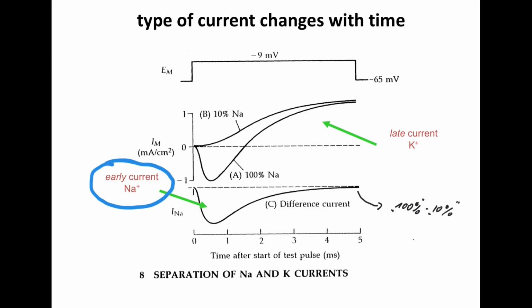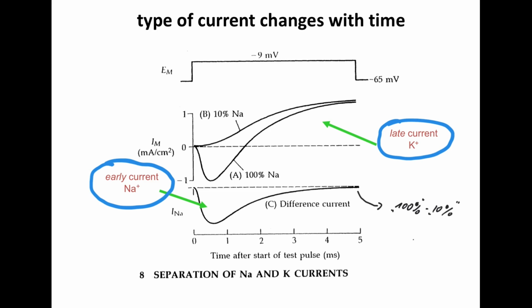You see a dramatic change, and you basically lose the inward current. Hence, that is the explanation of the early and late currents. Early after stimulation, the current is dominated by sodium ions flowing inward, whereas afterwards the potassium ions will follow, leading to an outward current.